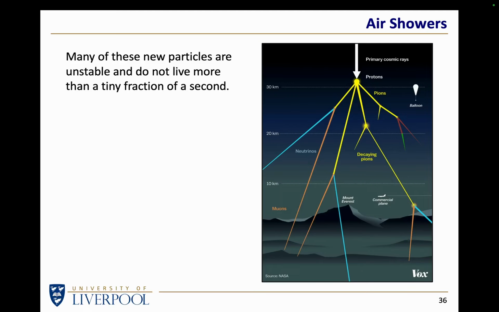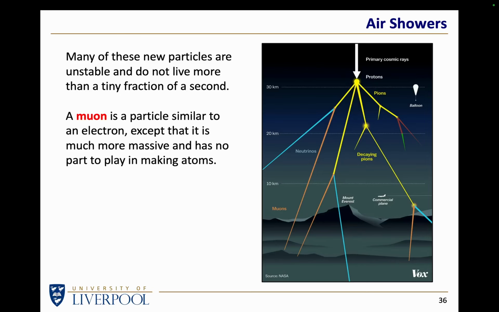They are, in a sense, new particles, and many of them are unstable. Some of them don't live for more than a tiny fraction of a second. Some of the particles we were watching over coffee before the talk started might only live for a few millionths of a second. So by the time we've seen them in the cloud chamber, they've changed into something else. They've decayed into a different type of particle.